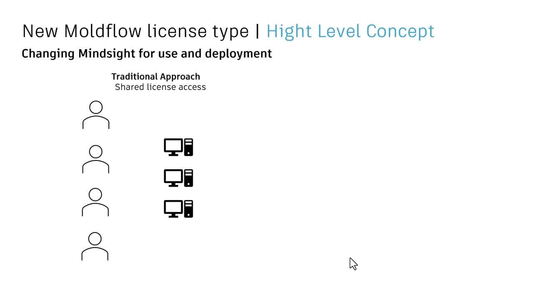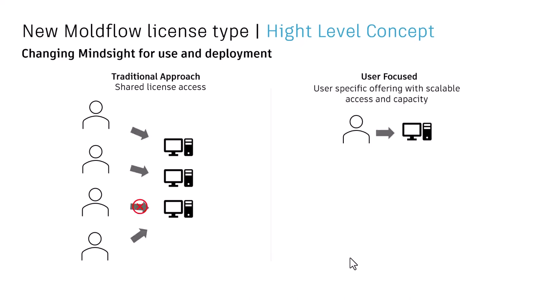As you can see, the traditional approach is that we share the licenses many a times, like the license is put onto the central server and then the users work on it. This is how we do it.